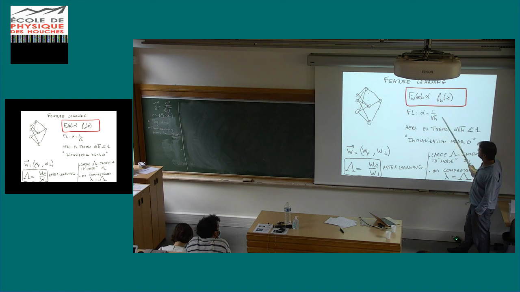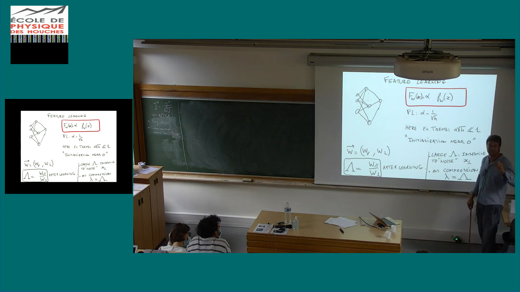But here, I want to be in the feature learning regime. I told you it's just enough to take alpha going like 1 over square root of h to be in that regime. The argument we have is even more extreme. We take this quantity alpha square root of h being much smaller than 1. So you can really think that we're initializing the network to be extremely small, with extremely small weights from the beginning. Okay?